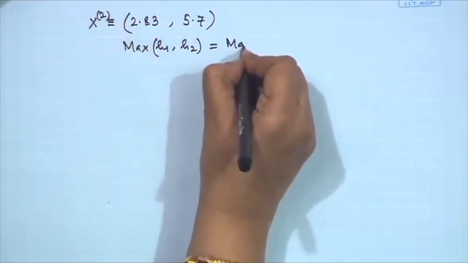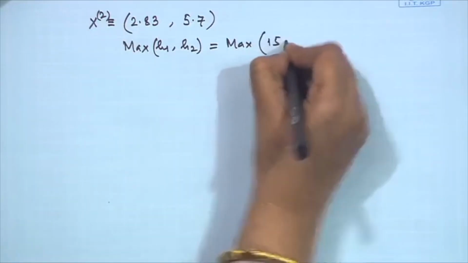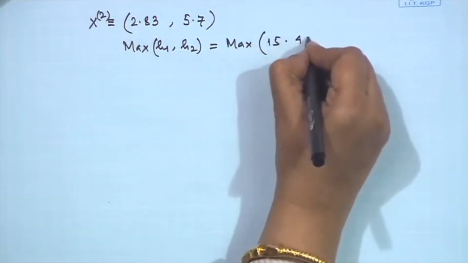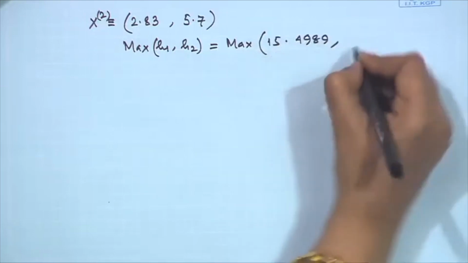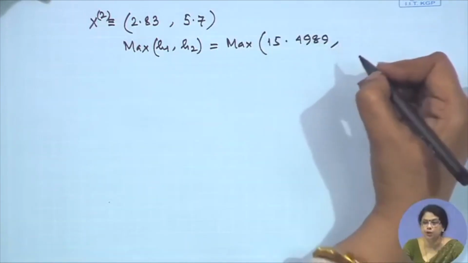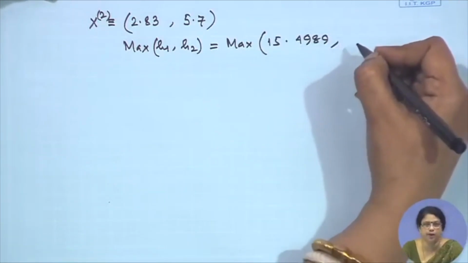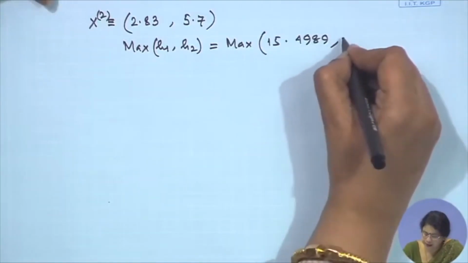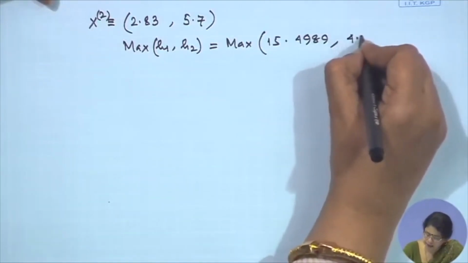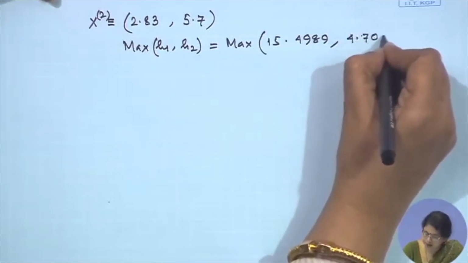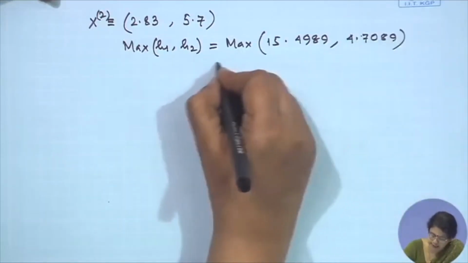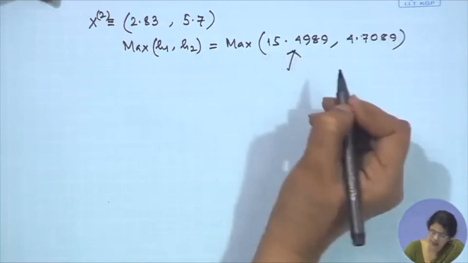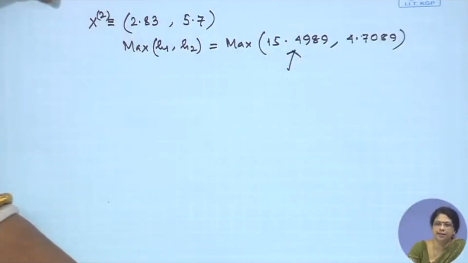The value will come as max of 15.4989. I suggest you calculate all these values on your own, as maybe some calculation variations may be there. So we could see h1 is more violated.